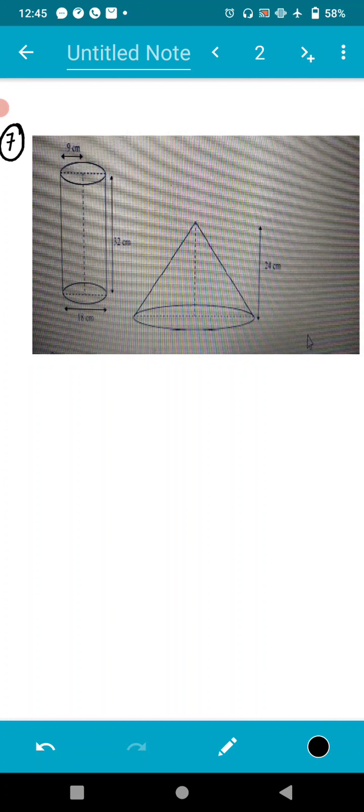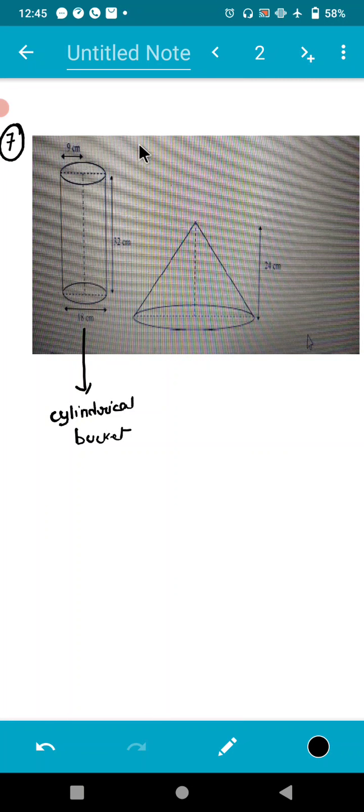A cylindrical bucket, 32 centimeter high, and with a radius of base 18 centimeter, is filled with sand. The height 32 centimeter and the radius 18 centimeter are also marked in the figure.